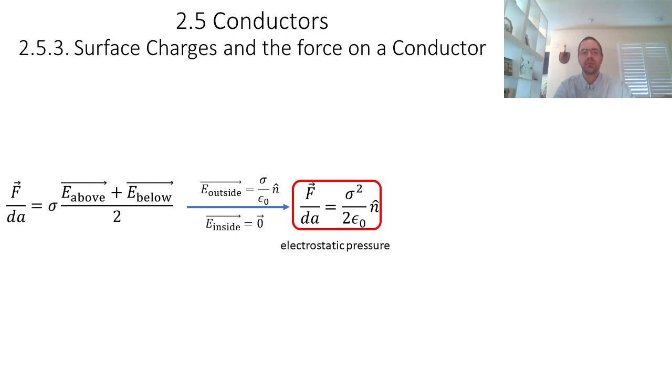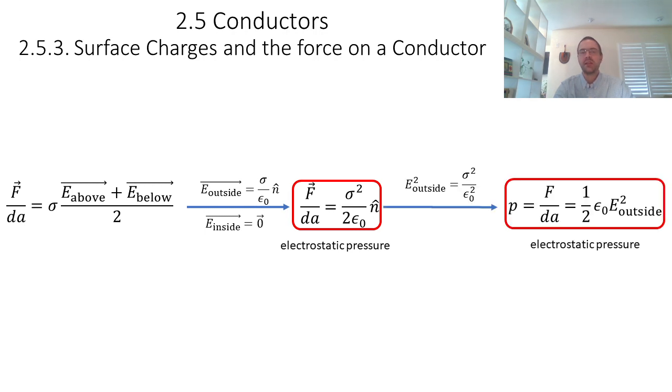So the electrostatic pressure is sigma squared over 2 epsilon naught n hat. And if instead you want to write this in terms of E outside, you can replace sigma squared over epsilon naught squared by E outside squared. So you get that the electrostatic pressure is 1/2 epsilon naught E outside squared.